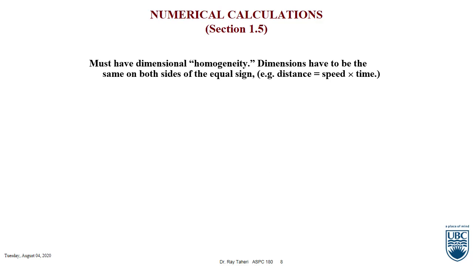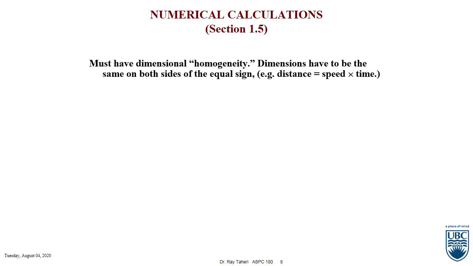You always have to respect the dimensions. Both sides should be the same. For example, distance is equal to speed multiplied by time. Why? Because speed is distance divided by time.